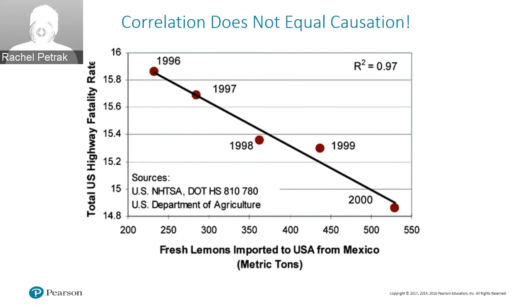Yes, it is, because we have a rate, the highway fatality rate. So we know this may be an overstated correlation, but it's sort of a nonsensical correlation anyway. That's just to help illustrate correlation and causation.